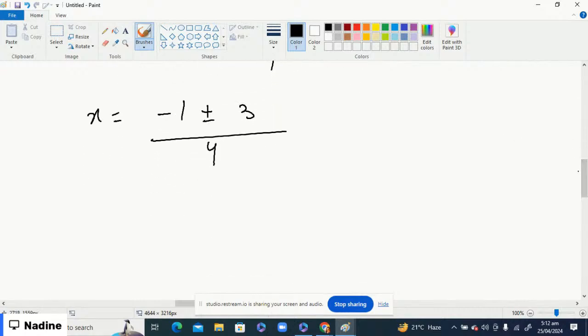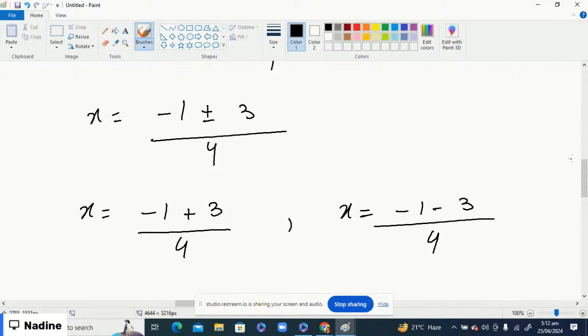Now you guys think about it. How can we convert this one? Minus 1 plus 3 by 4. So x is equal to minus 1 plus 3 by 4, and x is equal to minus 1 minus 3 by 4. Okay.